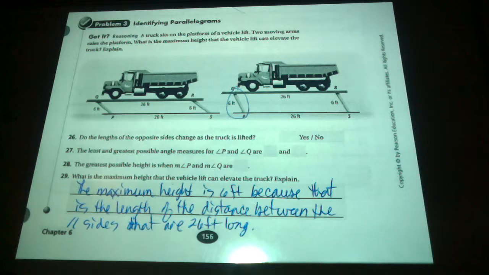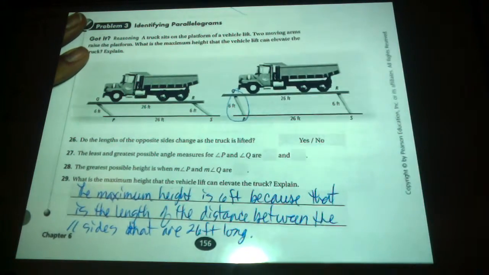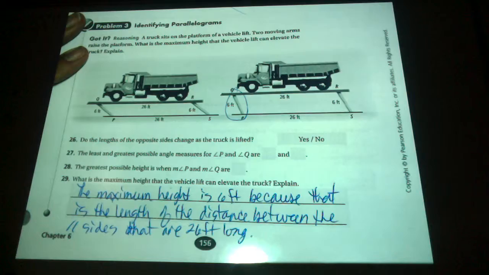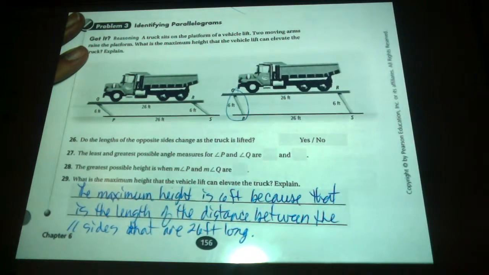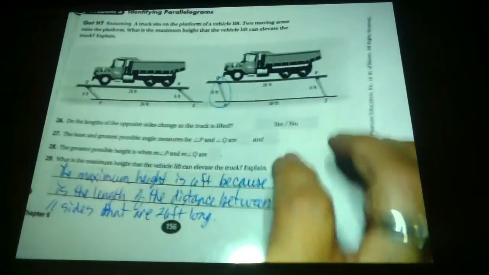That's how I would explain it. Those are those questions that you guys have trouble with. You're like, well, yeah, duh, it has to be. Think outside the box.